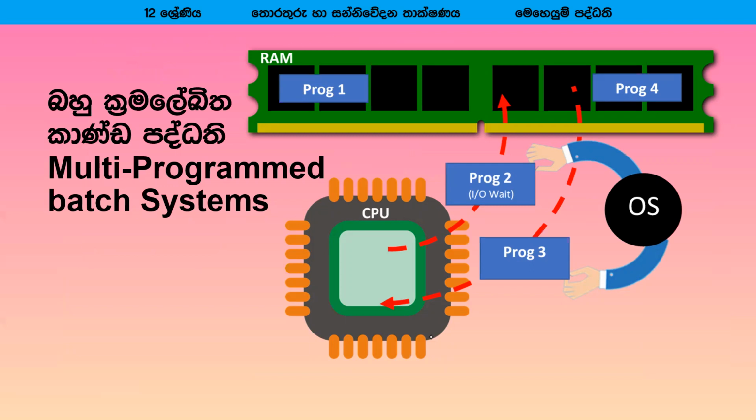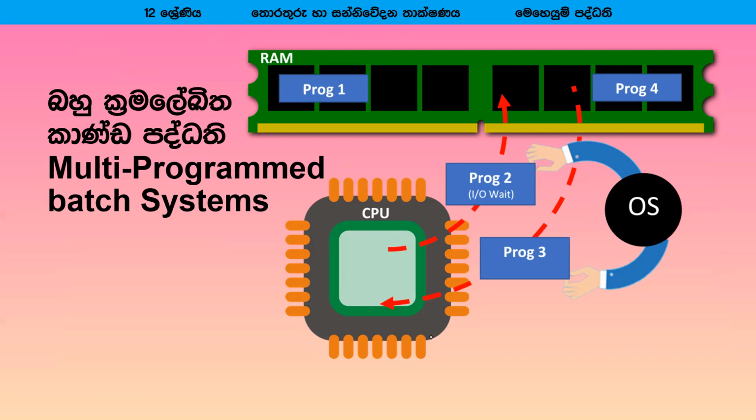Now, this picture explains what happens when a particular program is going to wait, or what happens when a CPU is going to sit idle, right? Program 2 was the one running inside the CPU. Program 2 needs something from the input-output devices. Because of that, program 2 will freeze its execution, because without the resource from the outside, it won't be able to execute.